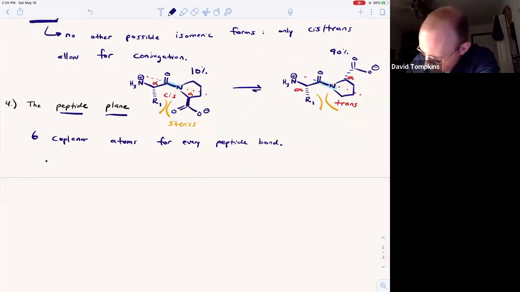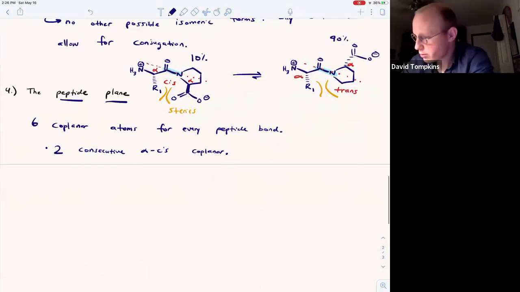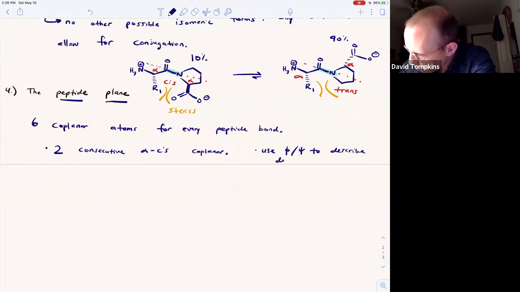And as we mentioned before, that always places 2 consecutive alpha carbons coplanar. And we use phi and psi to describe the favorable dihedral angles between peptide planes.